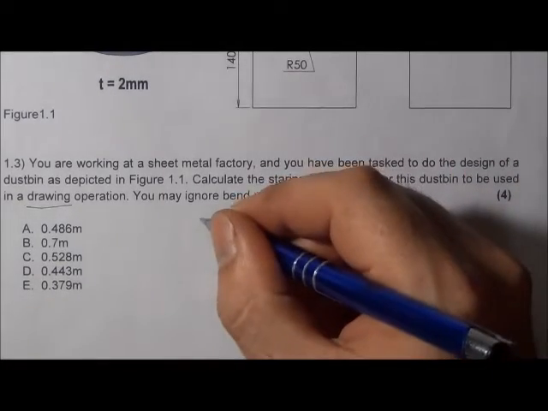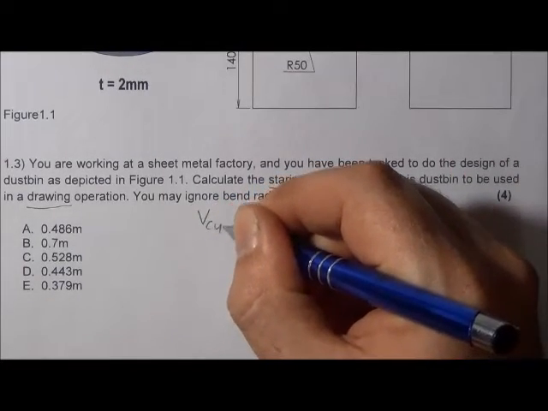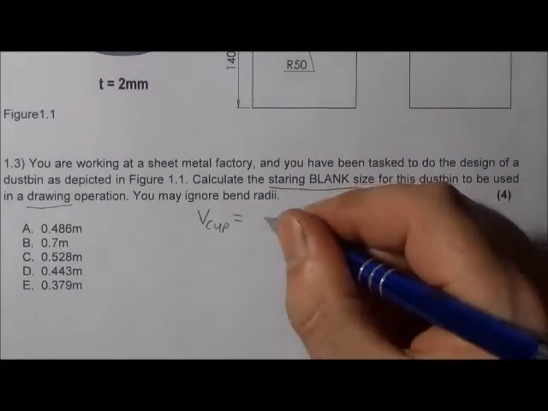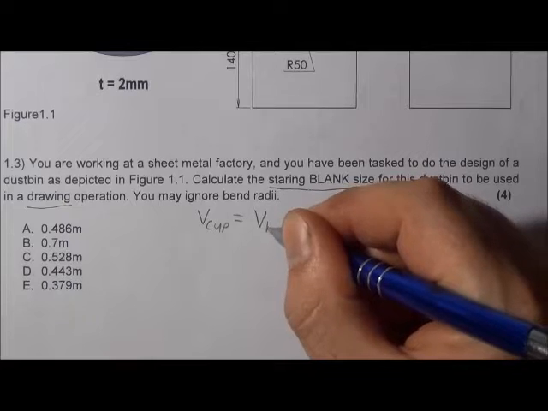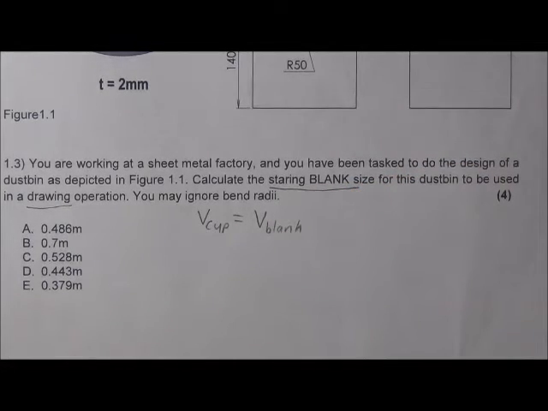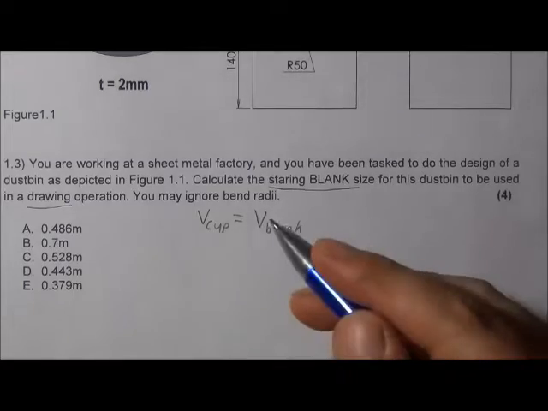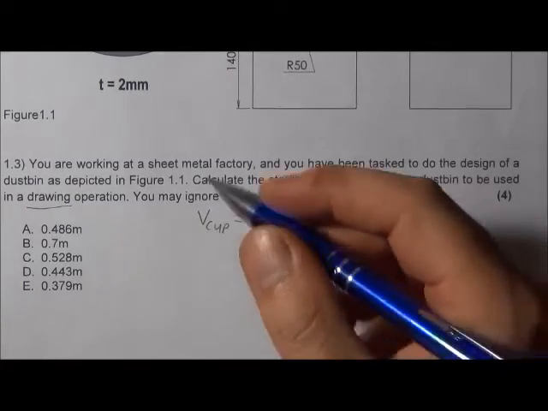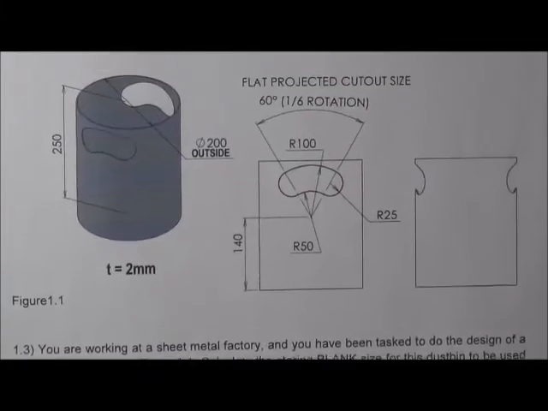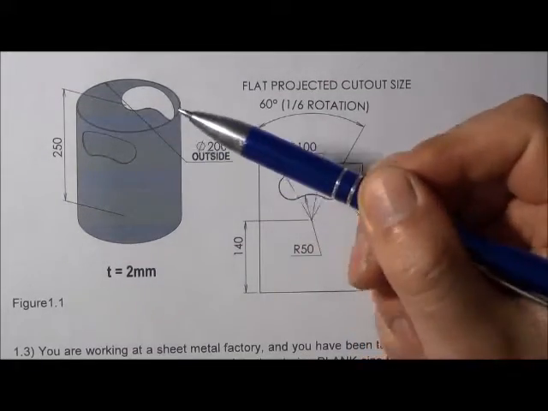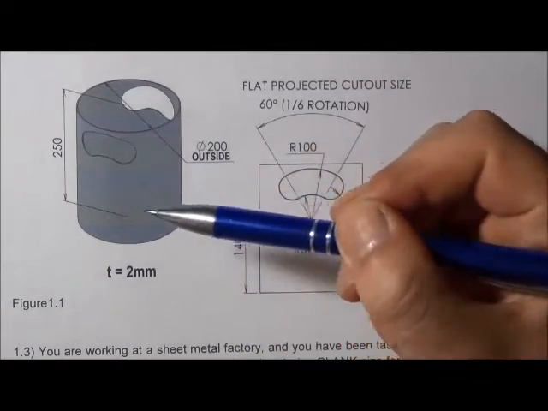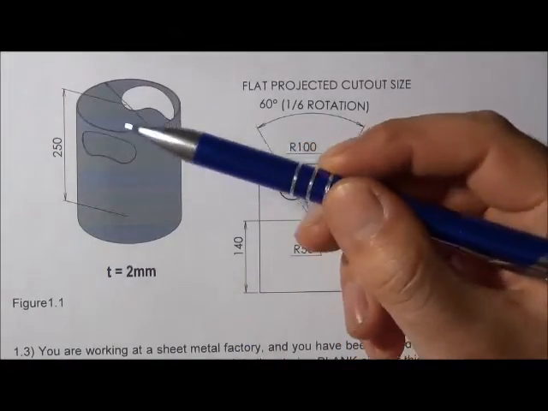So that means the volume of the cup must equal the volume of the blank. So, volume of the cup, easiest way to calculate that is to go and work out the outside volume of this cylinder and subtract the volume on the inside from that.